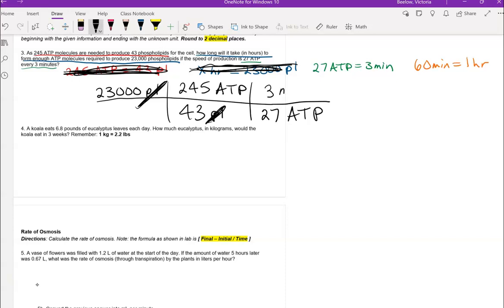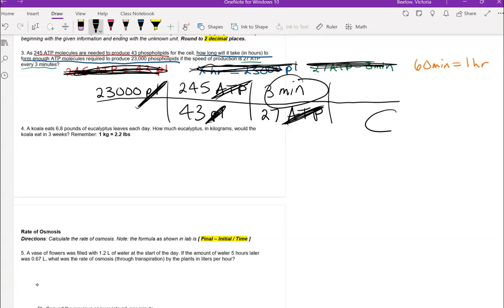So 3 minutes must go above that because those two are equal to each other. Same thing that I did here, those two are equal to each other. That's why they can be written above and below each other. And then ATP, those units will cancel. So now I'm in minutes, but I want my final answer in hours. So I have to keep going.